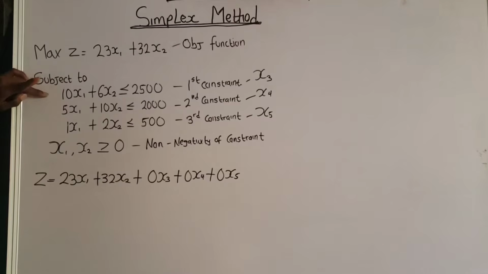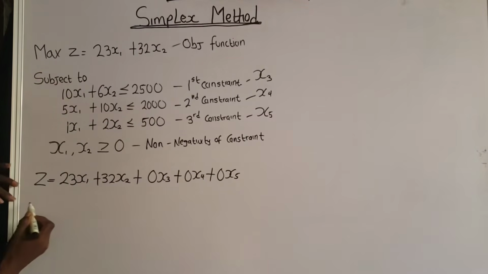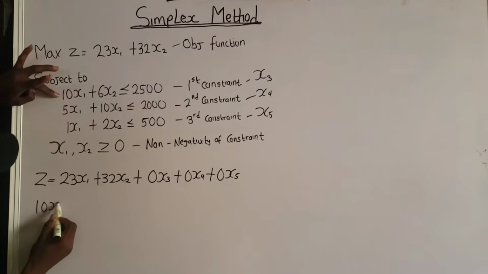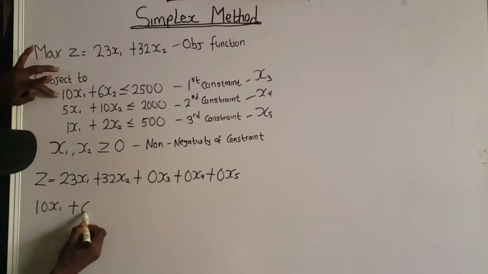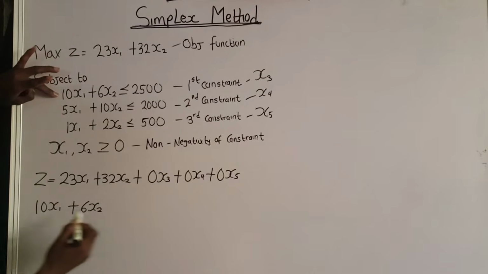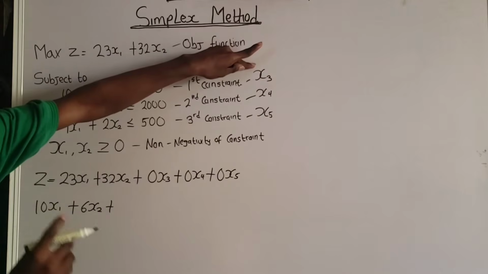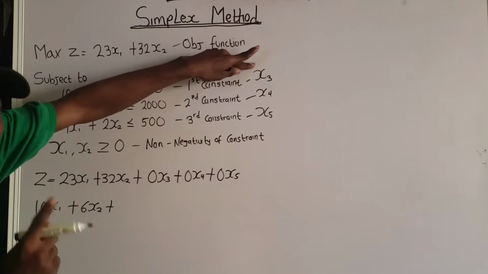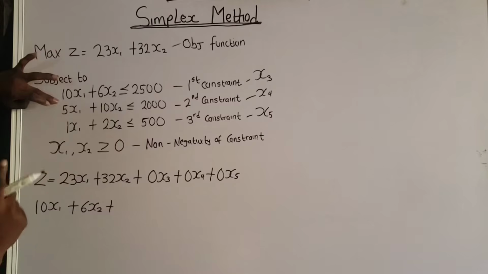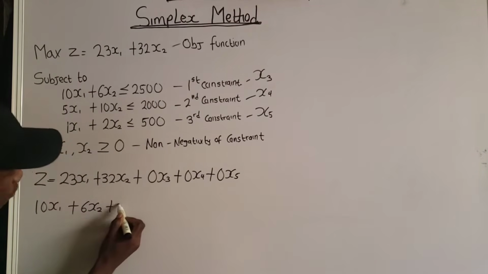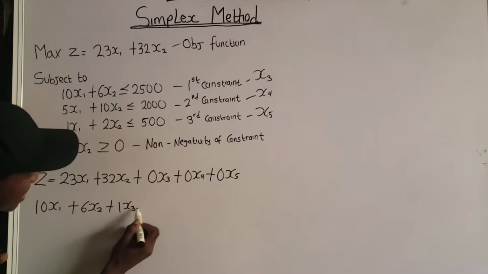Now let us change the first constraint to standard constraint. So constraint 1 is what? 10x1 plus 6x2 plus, now the first slack variable, which is x3, it belongs to what? Constraint 1. So therefore it's going to take 1 as its coefficient. Therefore I'm going to have 1x3. You understand?